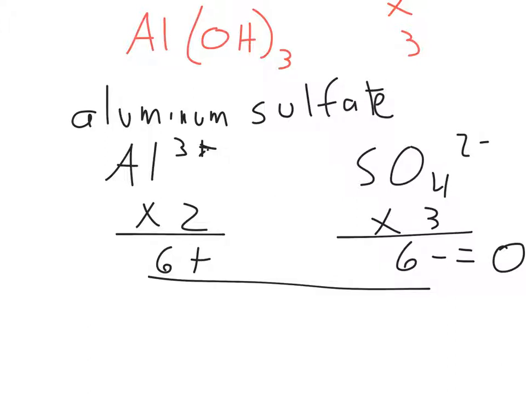Okay, so this formula will be something like Al with a subscript 2, with sulfate in parentheses with a subscript 3. Okay, like this.